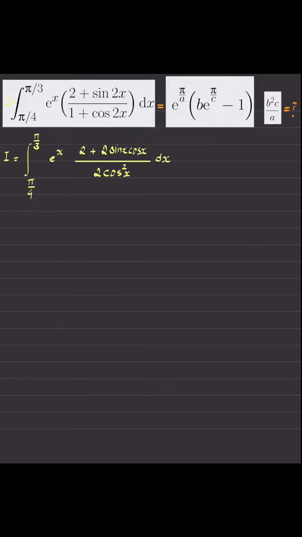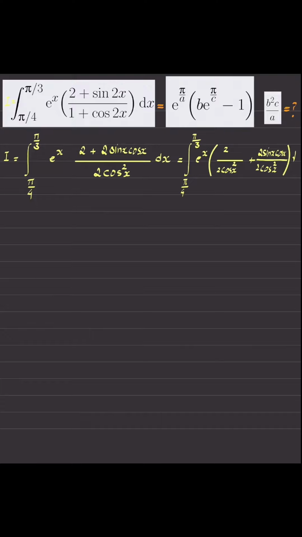Now I will separate this fraction into two fractions. So integral from pi over 4 to pi over 3 e to the power of x, then I decompose my fraction into two fractions, 2 over 2 cosine x squared plus 2 sine x cosine x over 2 cosine x squared, and then totally dx.